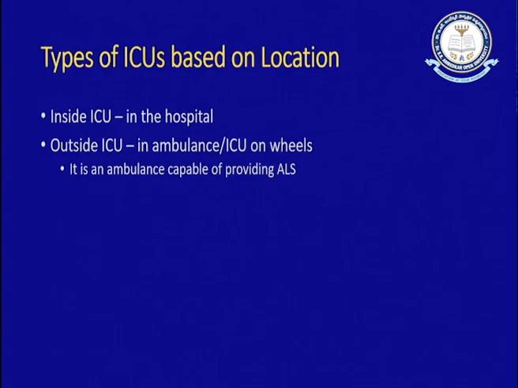The ICUs situated within the hospital, like the different types we have seen, ICU, ICCU, SICU, NICU, all have sophisticated equipment, trained staff and trained professionals, and are closely attached to the inpatient wards.